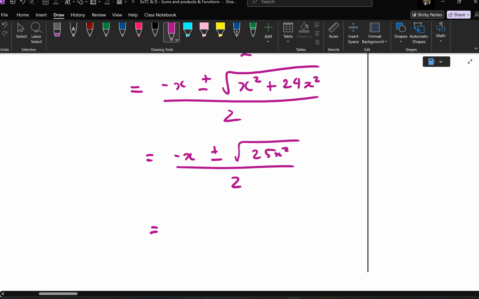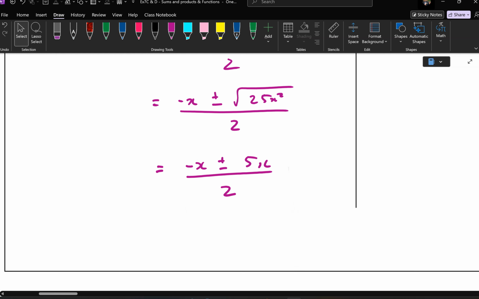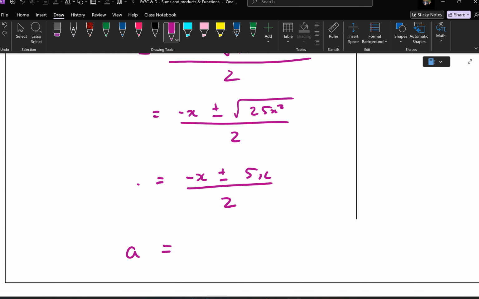What do we do now? Because we can square root the 25 and we can square root the x squared. So negative x plus minus 5x on 2. That means a, which is, remember that's g of x, could equal to what? What are my two possibilities? Very good.